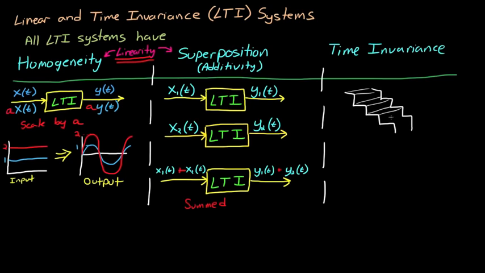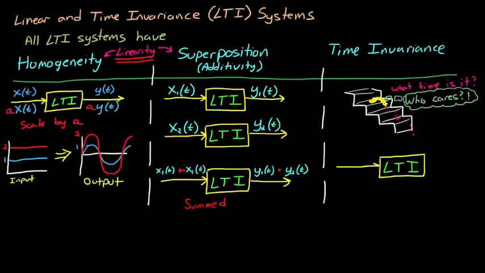Time invariance refers to the system behaving the same regardless of when in time an action takes place. For example, if you send a slinky down the stairs, the toy will behave the same regardless of whether it's 5 o'clock or 6 o'clock. This can be written mathematically by saying that an input of x of t minus a produces an output of y of t minus a.